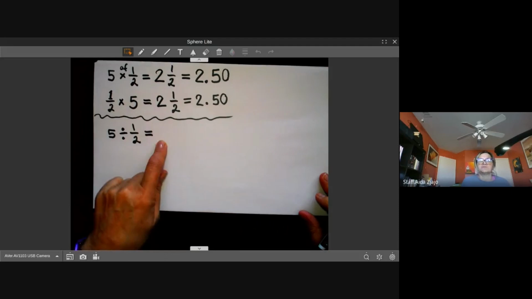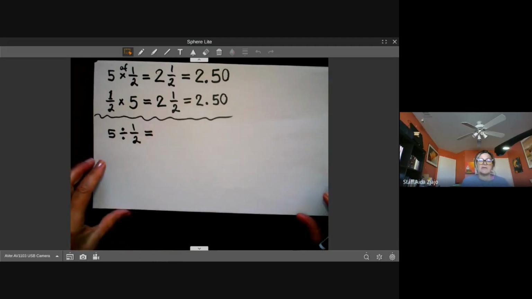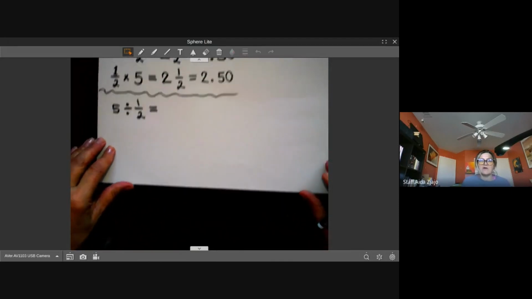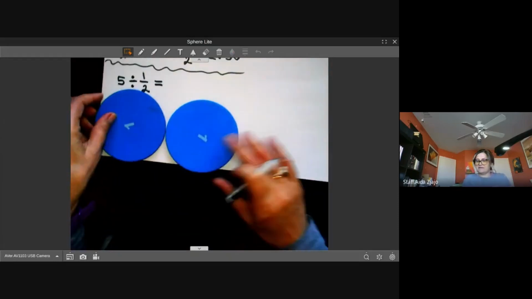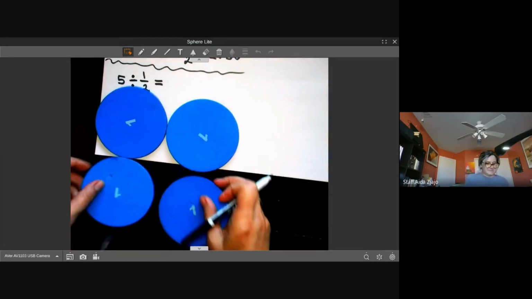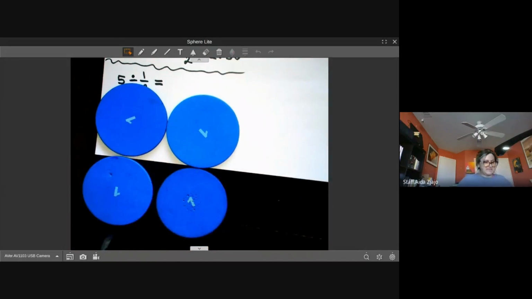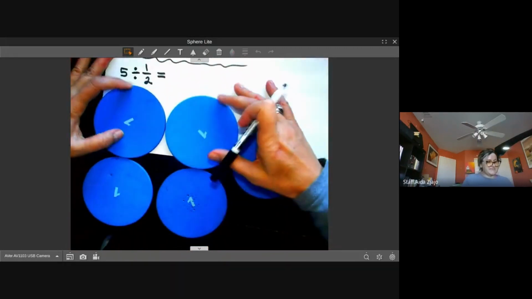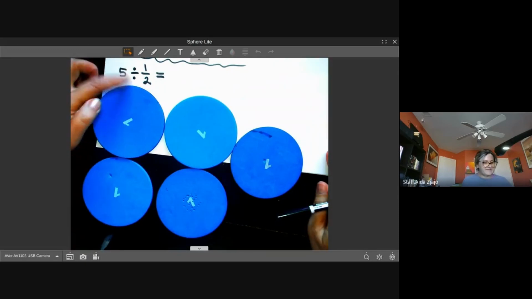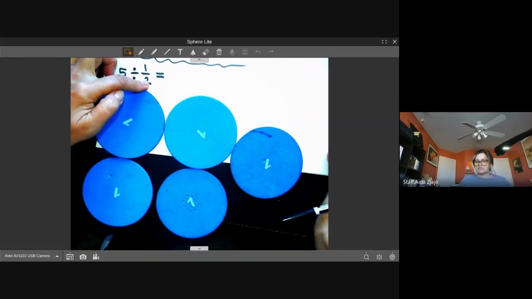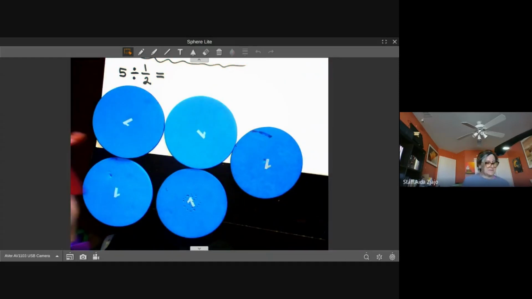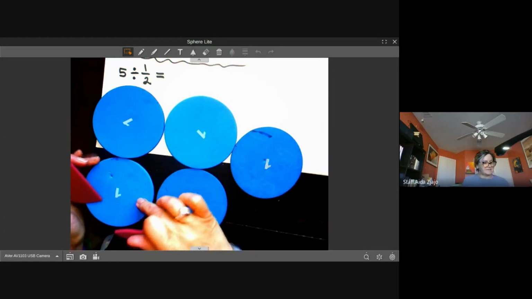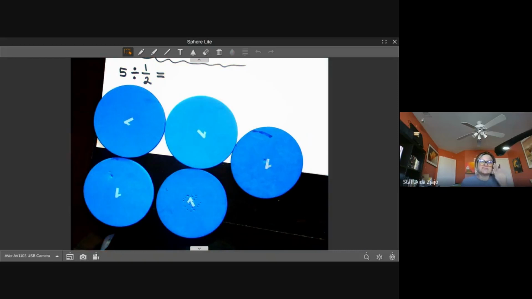How many groups can she make? Here are those 5 chocolates, and the operation says 5 divided into halves. So we need to see how many halves Vanessa can create, so she can give them to her friends.